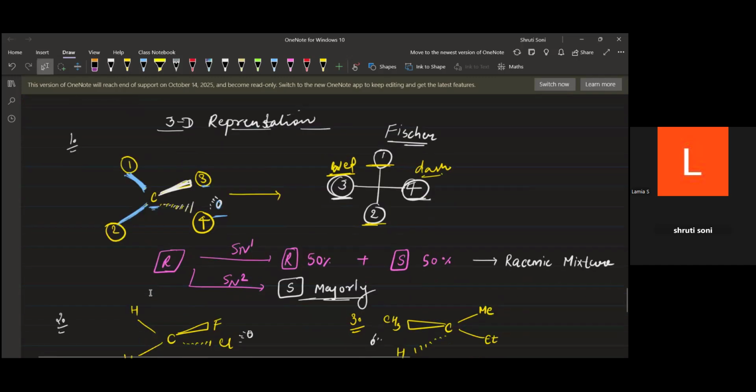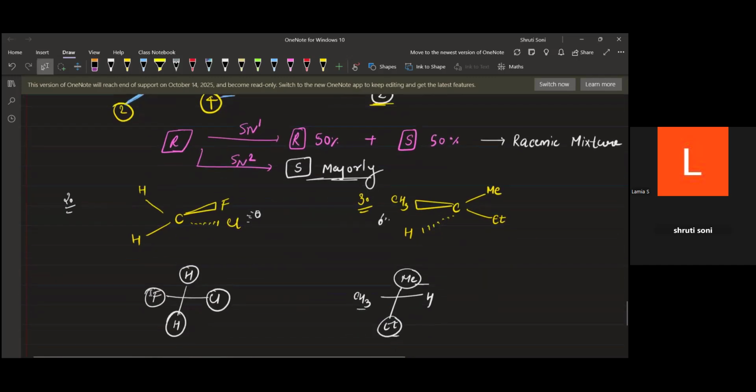See the second one: wedge is here, dash is here always, and the atoms in the same plane are top and bottom. The third: wedge here, dash here, and this will be top and this will be bottom.